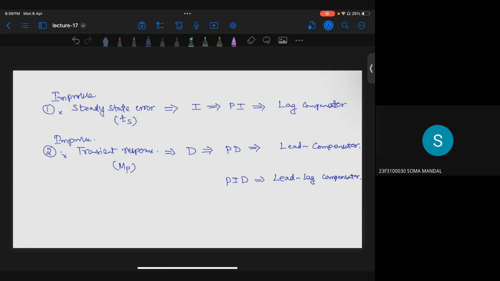Start with integral controller, then go to PID, then lag compensator and design. Similarly, we will start with derivative, then PD, then lead compensator. Finally, this is obvious: you can understand the lead lag easily once you understand these two. Is this clear?